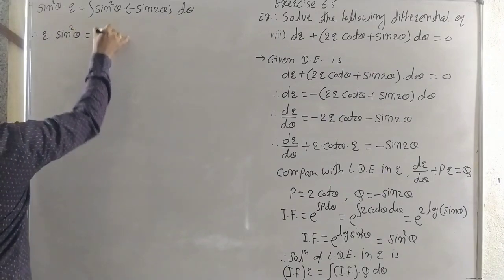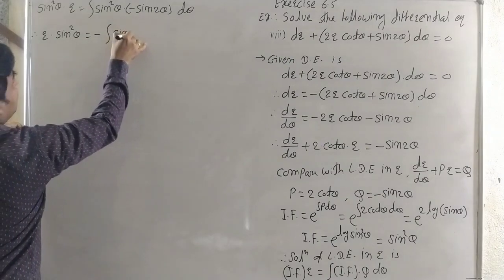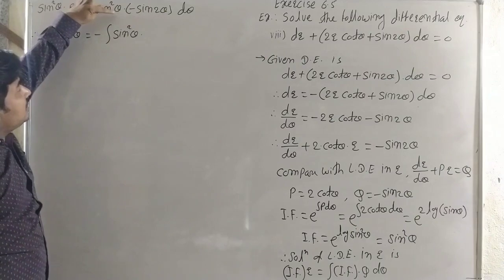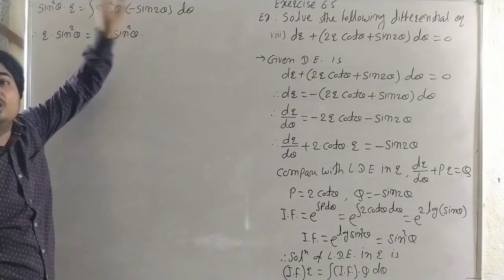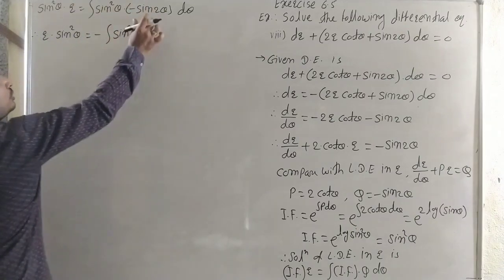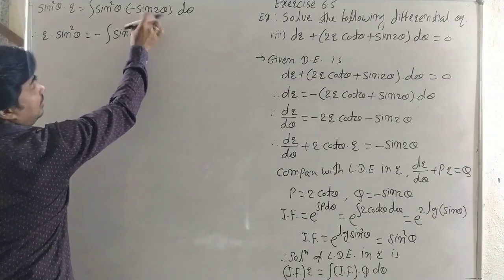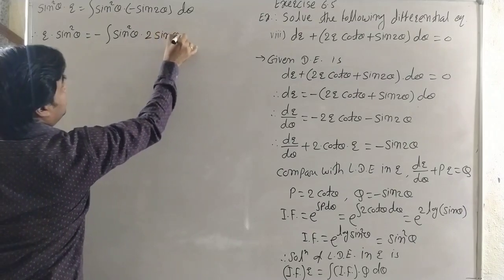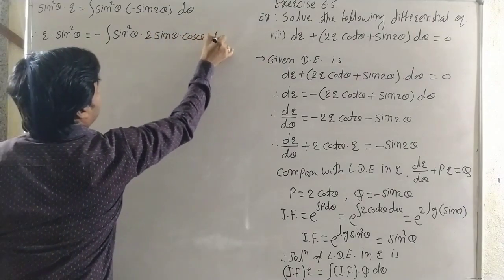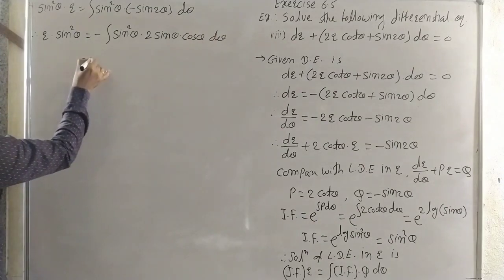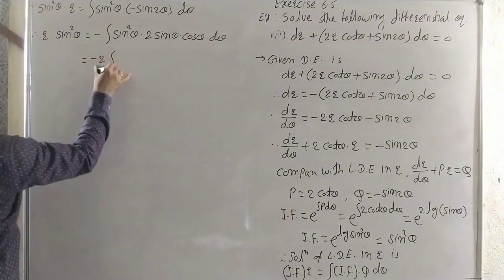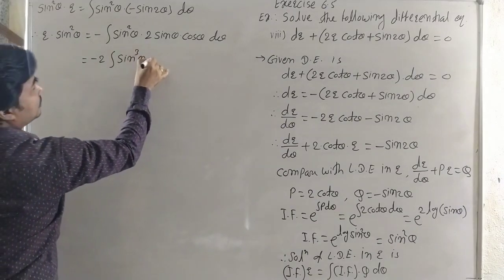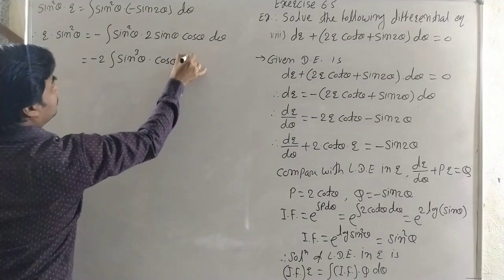So r into sin square theta is equal to minus the integral of sin square theta into sin 2 theta. Here it is angle theta and here it is angle 2 theta, so we use the double angle formula: sin 2 theta is 2 sin theta cos theta. Now we have minus 2 into the integral of sin cube theta cos theta d theta.